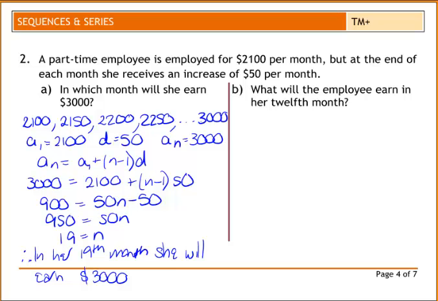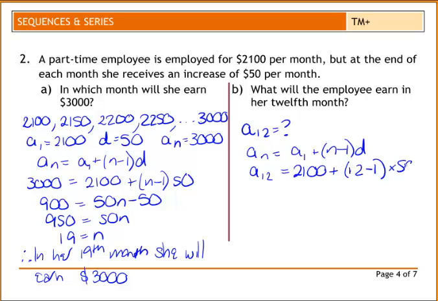Next, what will the employee earn in her 12th month? We've got the same sequence. What we want to find out now is what a12 is. So an is a1 plus n minus 1 times d. Substitute in. a12 is going to be 2,100 plus 12 minus 1 times 50.